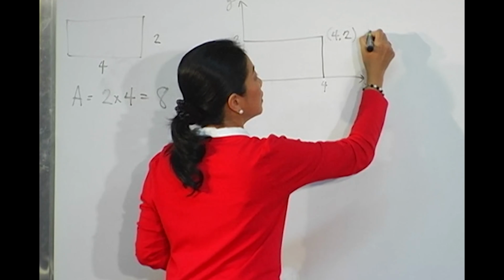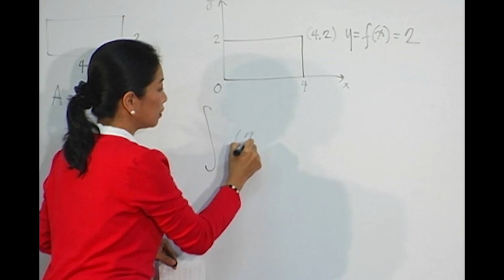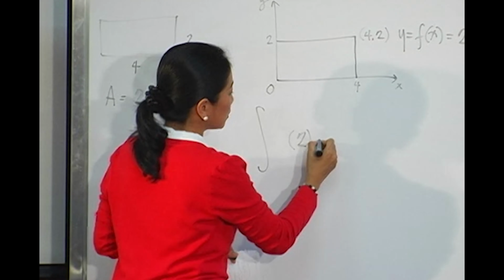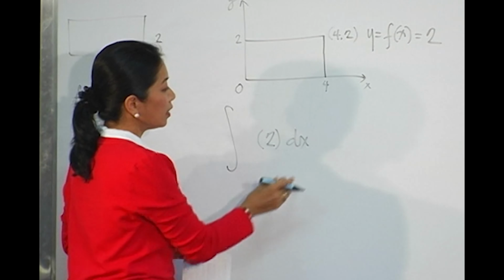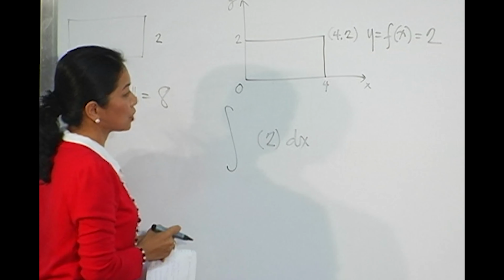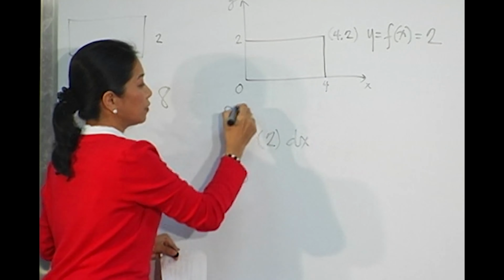So your y equals f of x is 2 all the time for any x. So that's what you put over here, f of x, and your dx goes there. And you're working in the horizontal direction from the first value 0 to the last value 4.